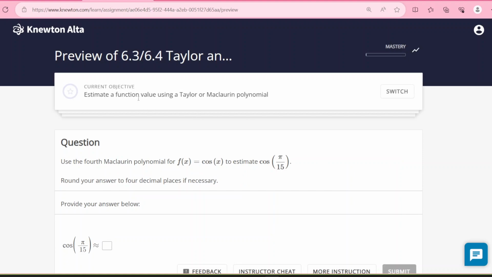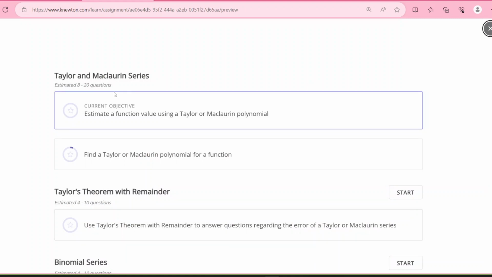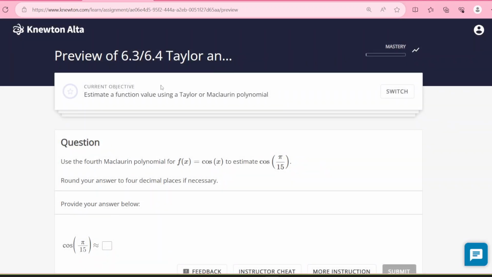All right, so now I'm in the other sub-objective from this big one. Again, we're just going to be going between these two in this video. Estimate a function value using a Taylor or Maclaurin polynomial. So once again, I'm asked to write up a Maclaurin polynomial.